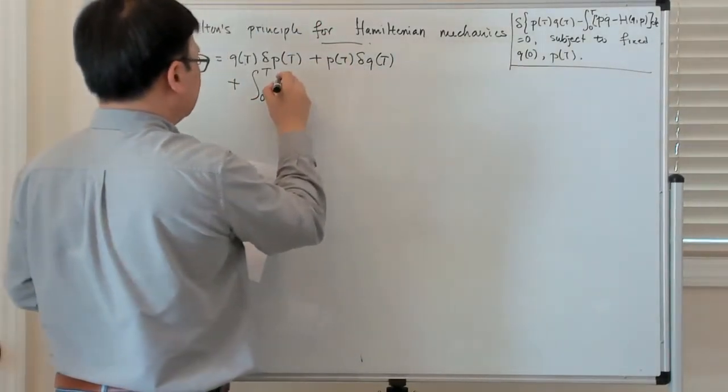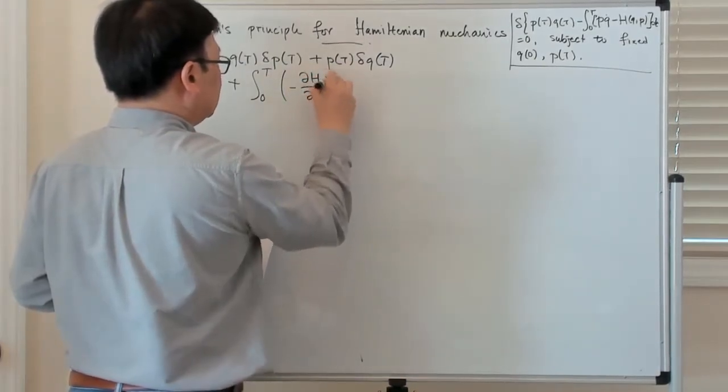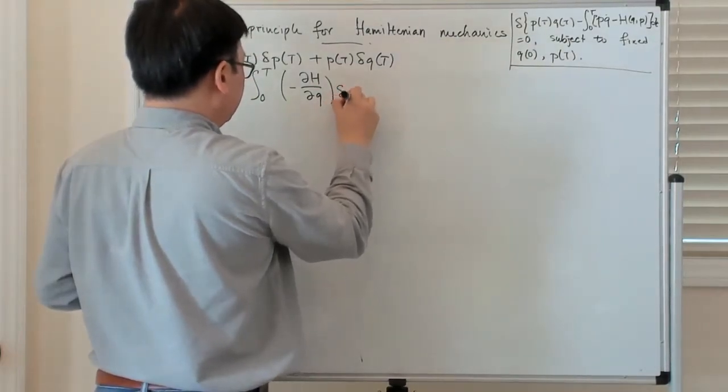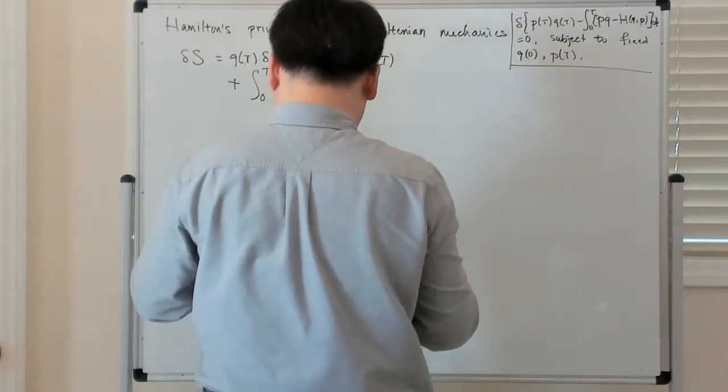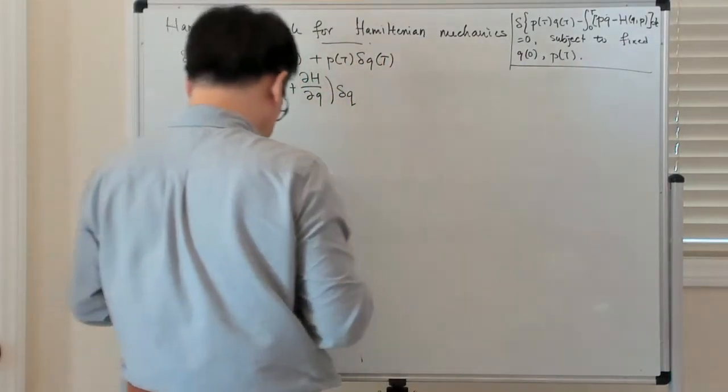So you just get minus dH/dq times the variation of q.